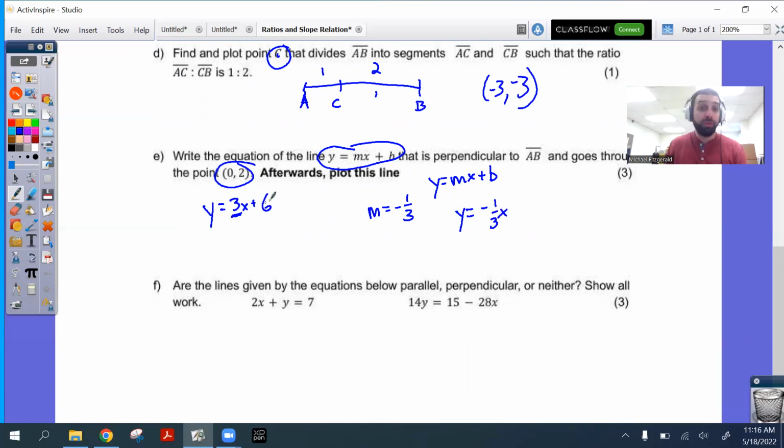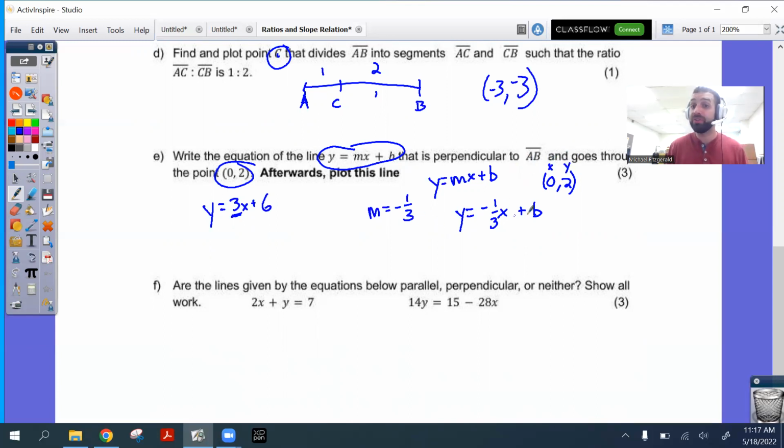I don't think it's going to be plus 6 though. We are told it's got to go through this point, so I'm going to leave this as plus b right now because we need to figure out what that b is. Just like before, if we're told that (0, 2) is a point on this line, then (0, 2) is an xy solution to this equation.